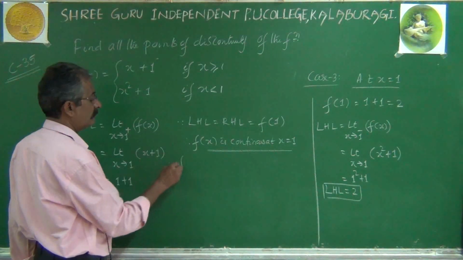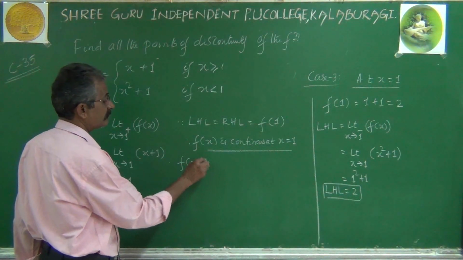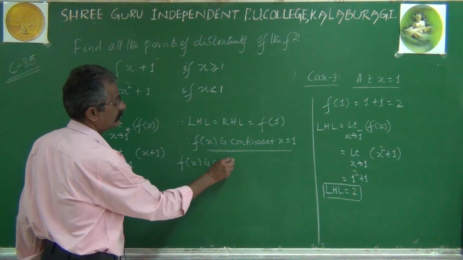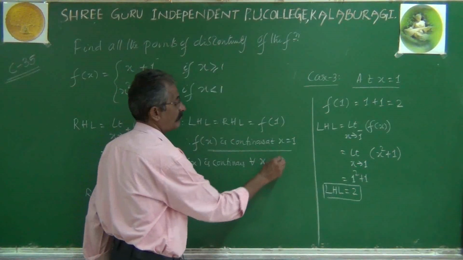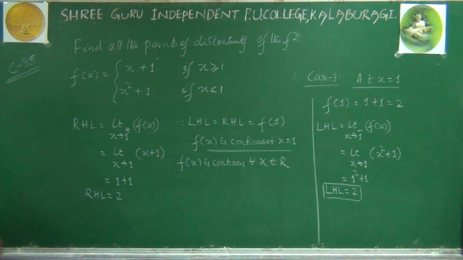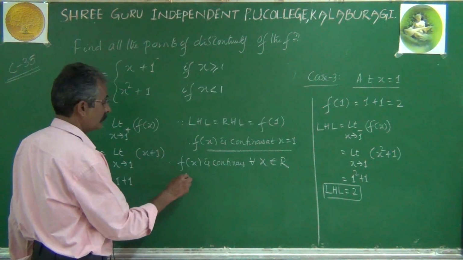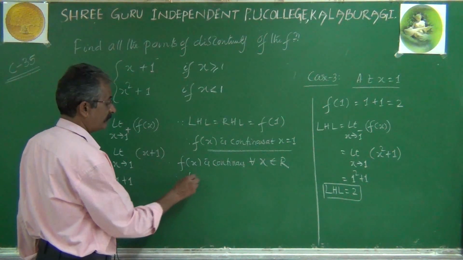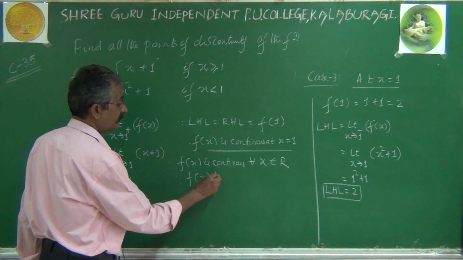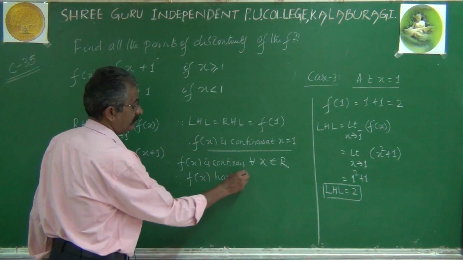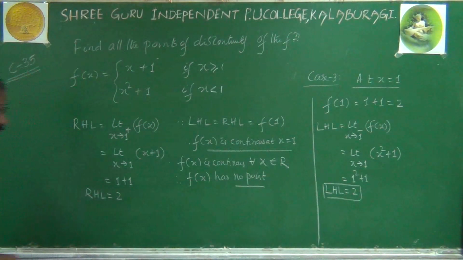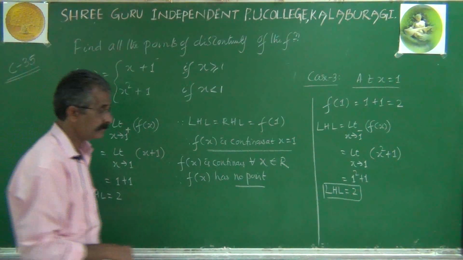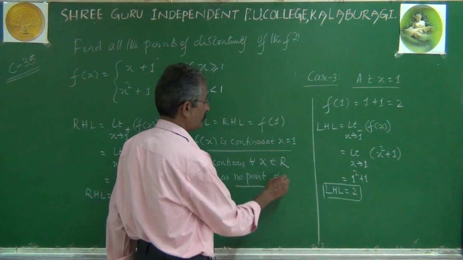Therefore, f(x) is continuous for every x belonging to R. Naturally, no point of discontinuity. Underline this: f(x) has no point, meaning 0 points of discontinuity.